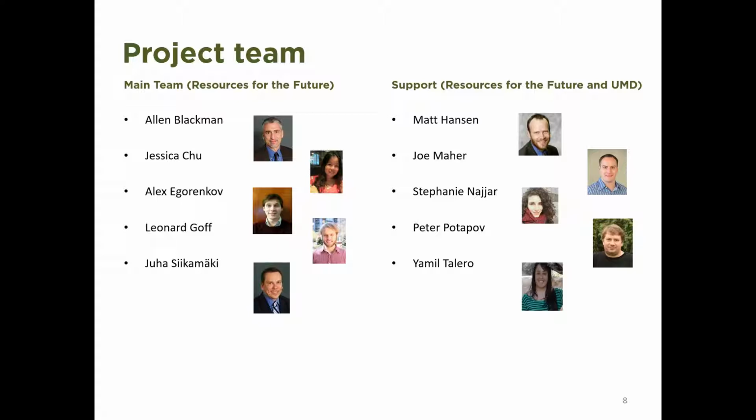In addition, that core team was supported by other researchers, both at Resources for the Future and at the University of Maryland Department of Geography, and they included Matt Hansen, Joe Mayer, Stephanie Najjar, Peter Potapov, and Yamil Tolera.